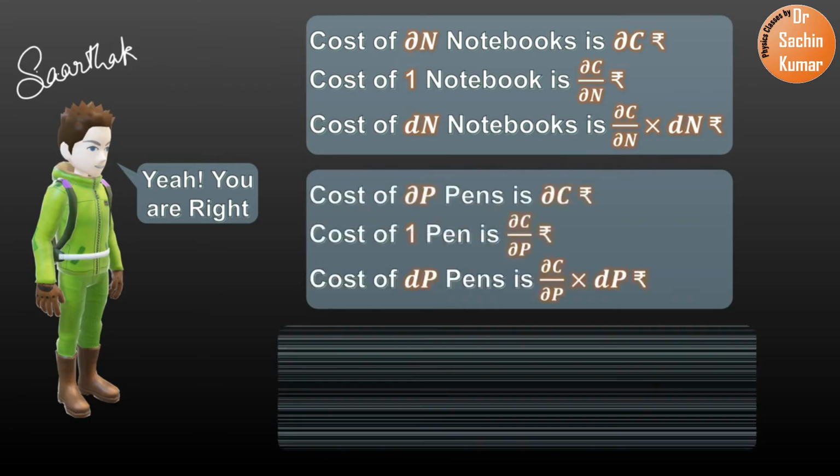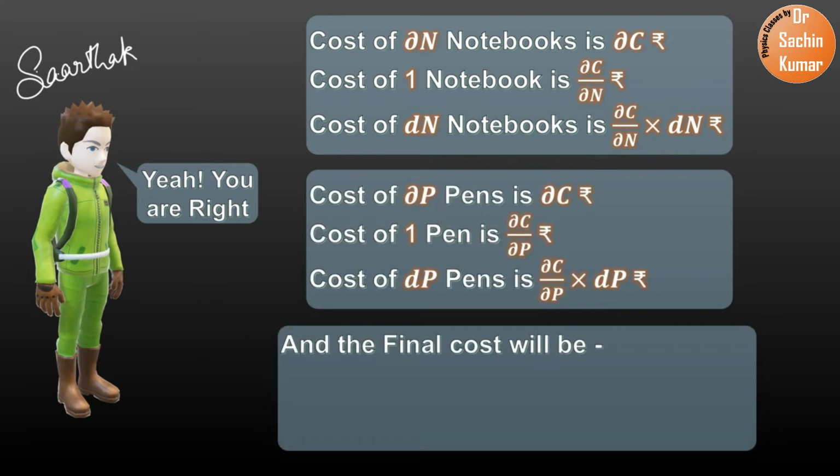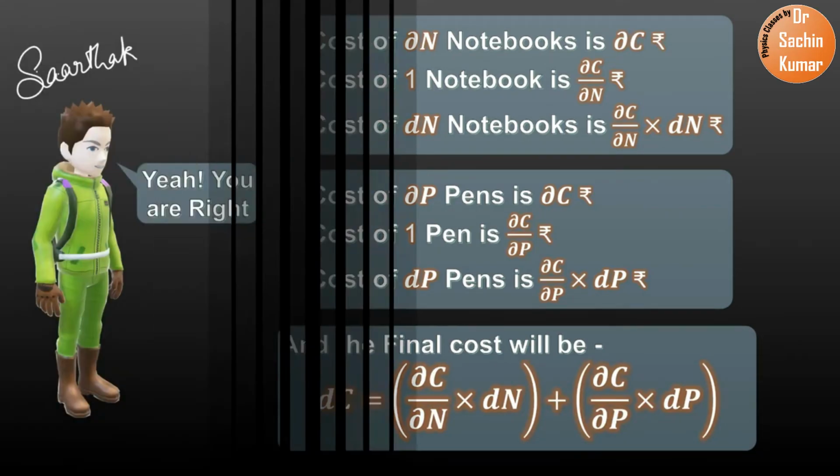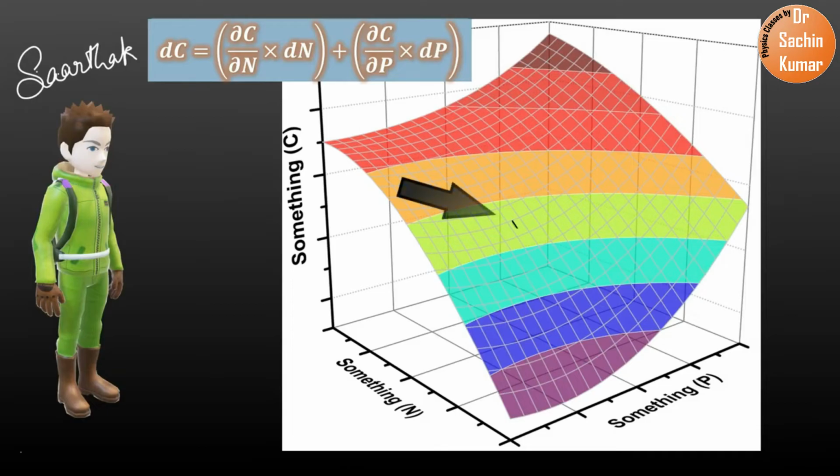And finally, the overall cost will depend on this n and p. But the main consideration is that this is very small. So there is a small change in n, and a small change in p. So overall we can find out the change in the value of this cost function c.